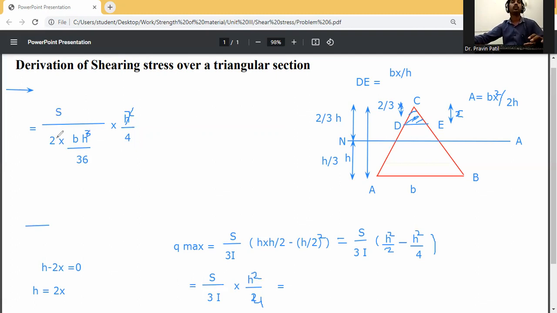So this one it will be 4 to the 8. We can simplify this equation. So 4 to the 8 means 36 divided by 8. Sorry, this will be 36. First of all, simplify this equation.